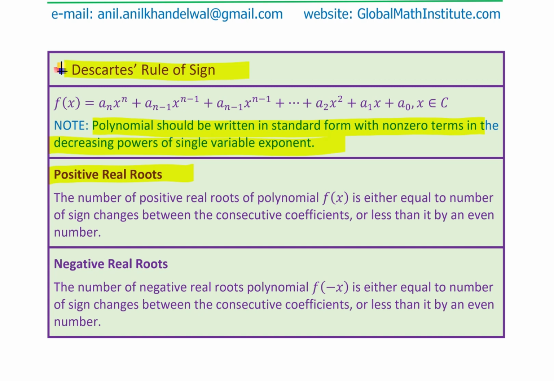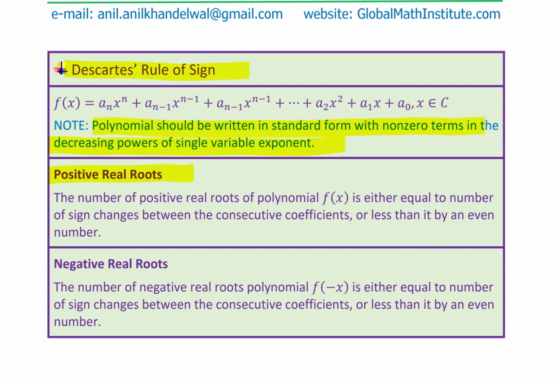Correct? So it actually gives you an idea of what could be the maximum number of positive roots, right? If the number of sign changes is just 1 or 0, then the number of positive roots will be 1 or 0, right?